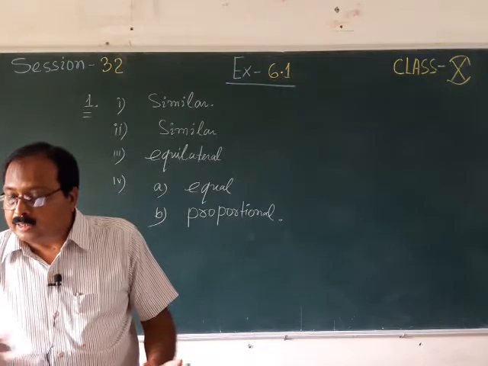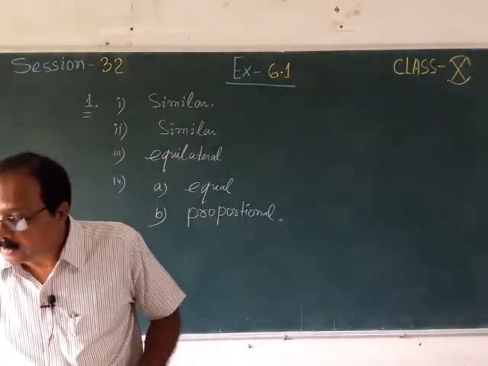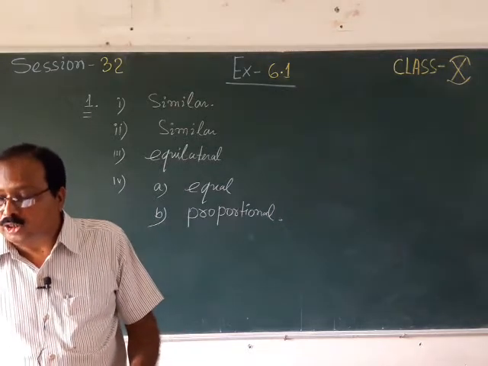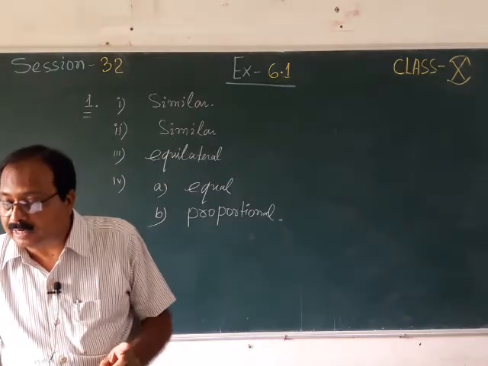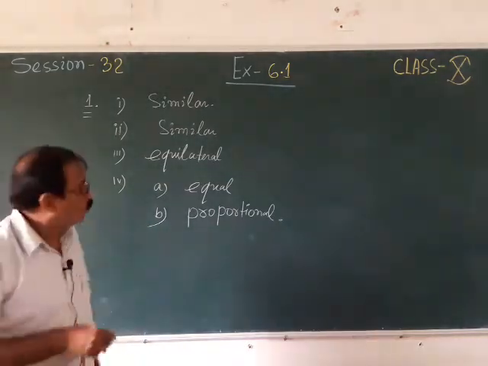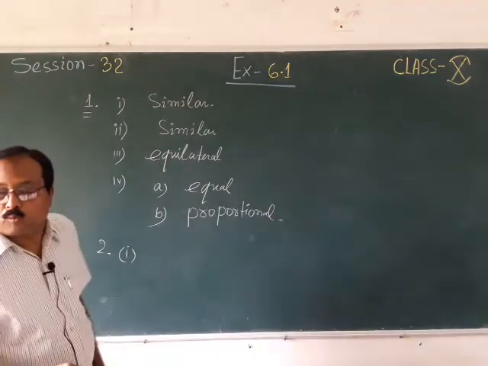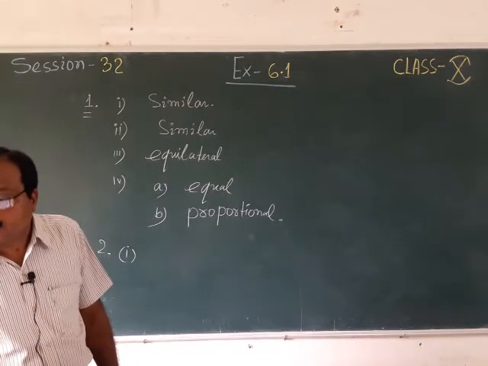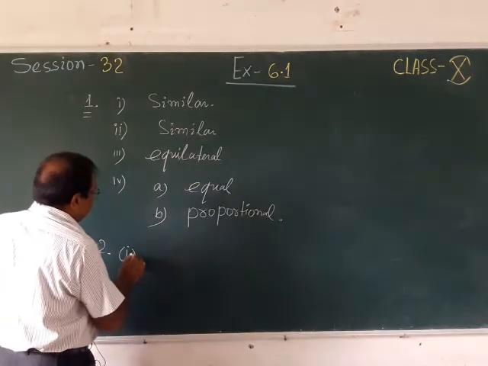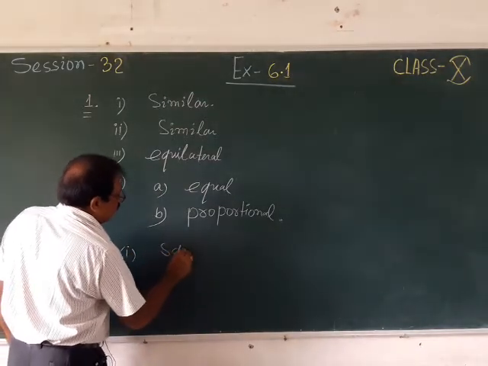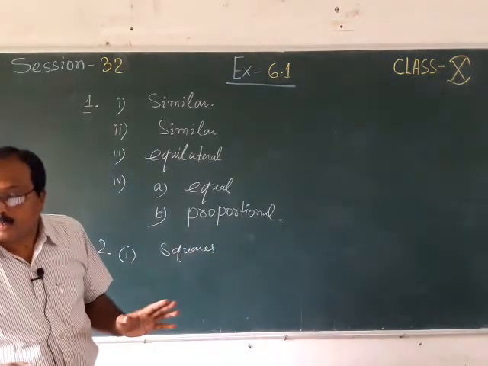Now you can see question number 2. Give 2 different examples of pair of similar figures. You need to give only 2 examples. For question 2.1, similar figures, you can write, for number A, squares. All squares are similar, you know it.